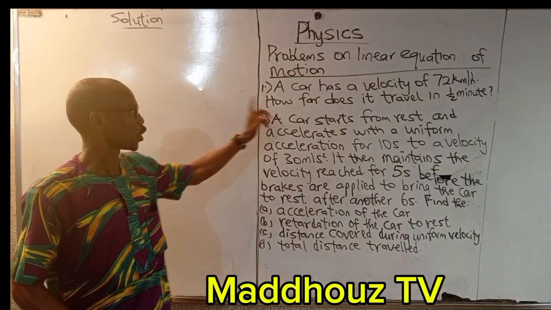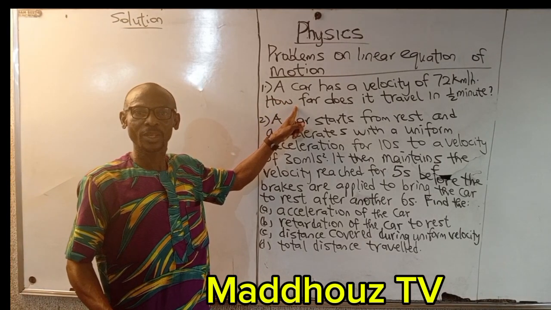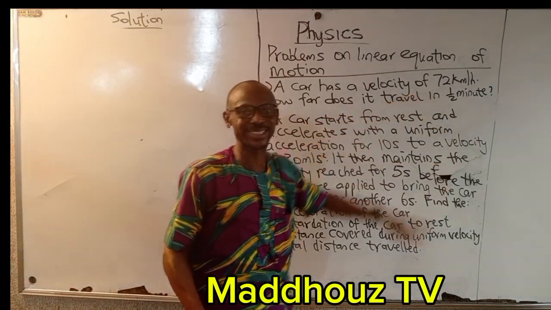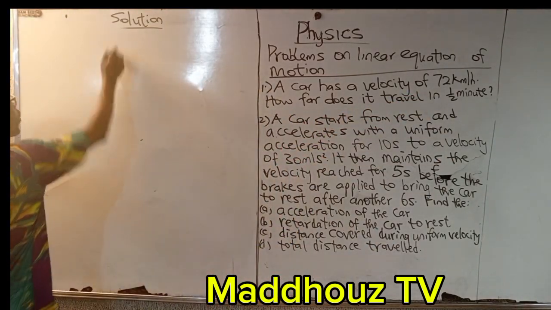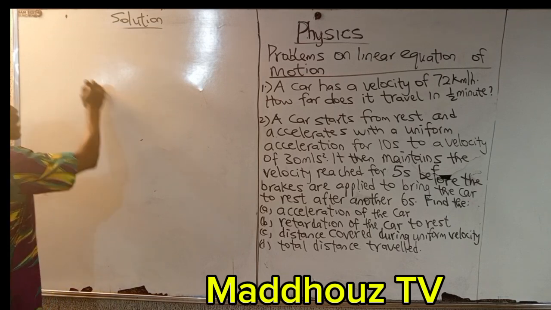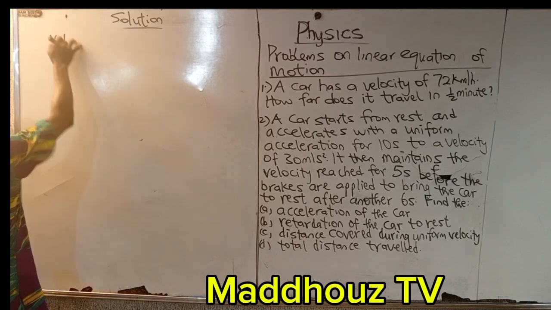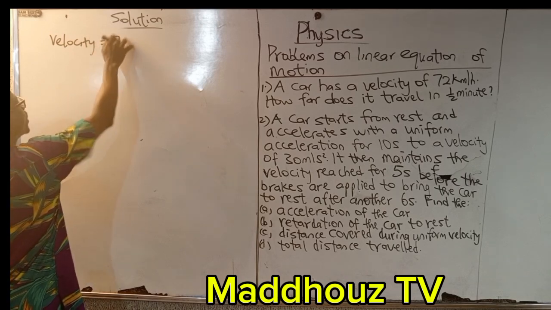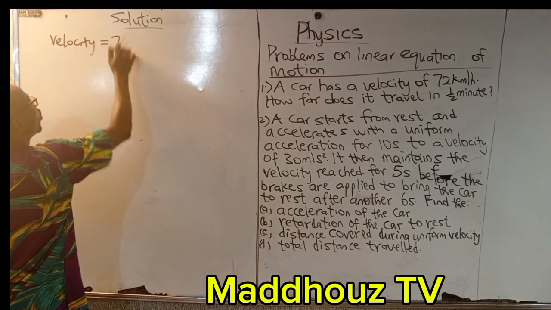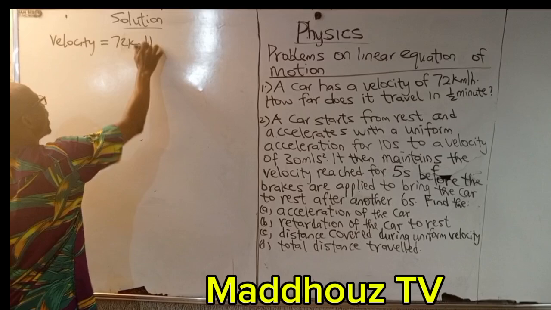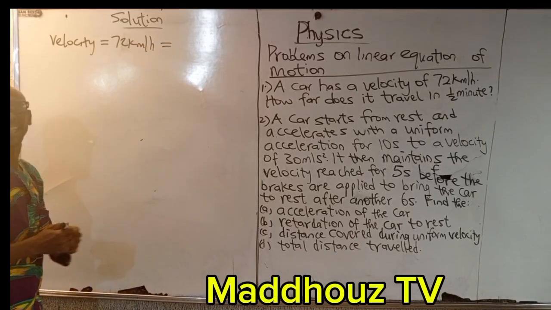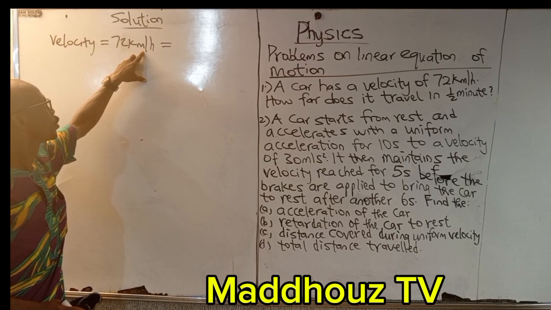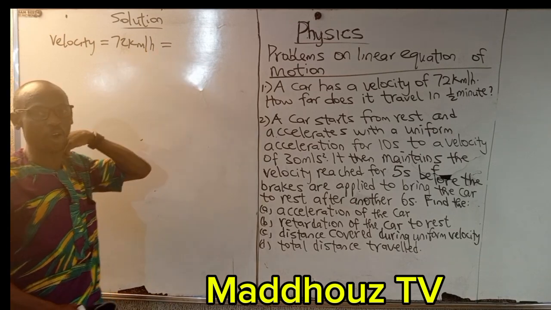I'm going to look at question number 1 again. This time, I will be changing the units to the standard. So question number 1, solution 2. Our velocity is 72 kilometers per hour. Let's convert 72 kilometers per hour to meters per second.